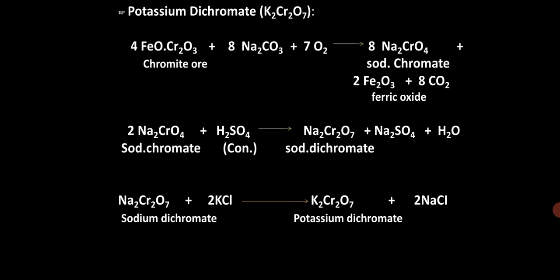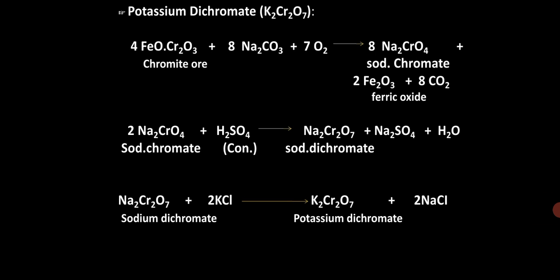In actual practice, a hot and concentrated solution of sodium dichromate is treated with a calculated amount of potassium chloride, and the mixture is allowed to cool, when orange crystals of potassium dichromate are obtained.